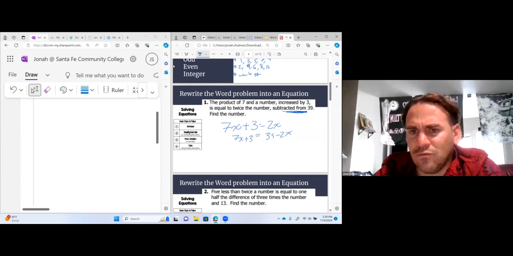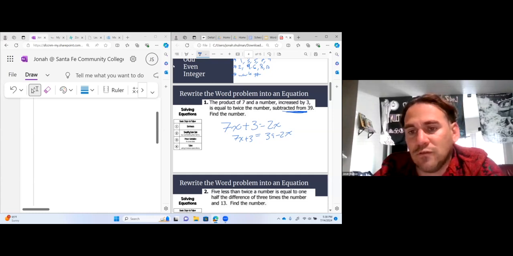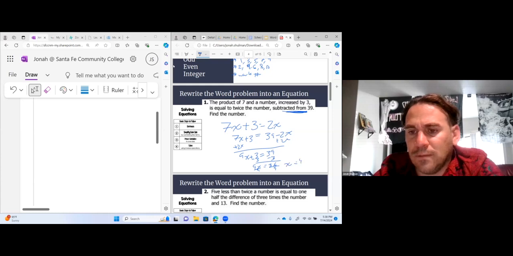It's subtracted is equal to twice the number subtracted from. From is also an after the fact, so we're going to add 2x. Add 2x, that's 9x plus 3 equals 39. Minus 3 is 36. Divide by 9, x is 4.